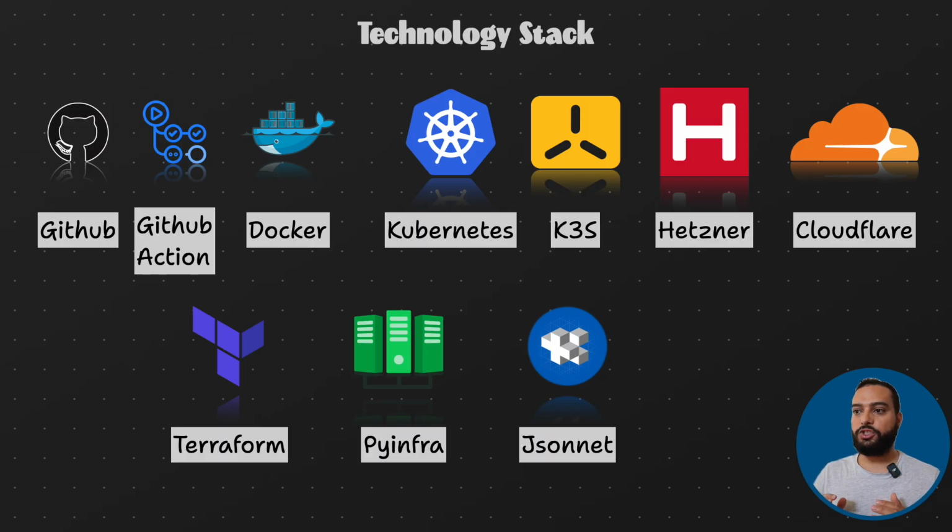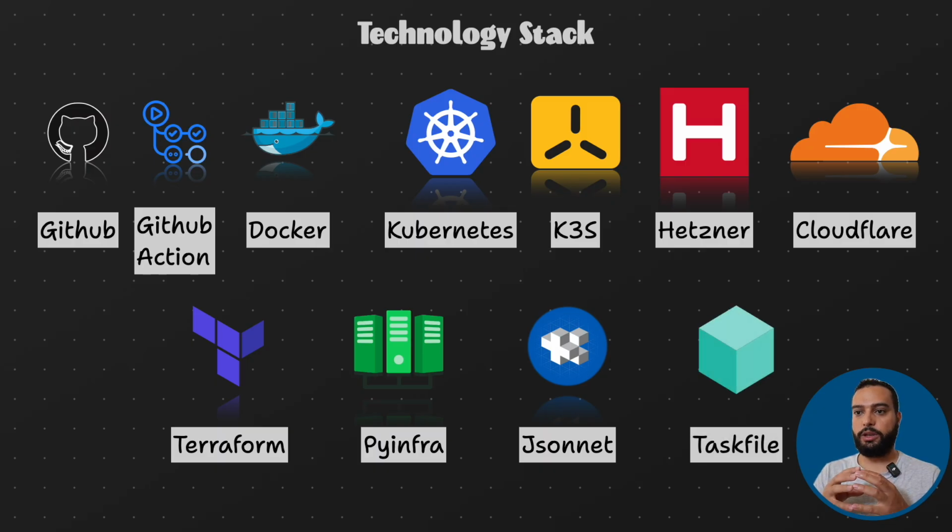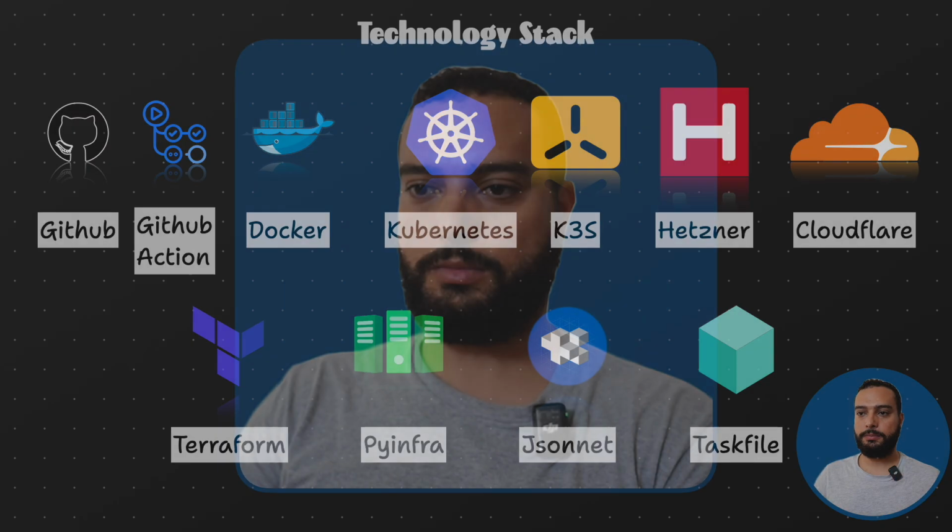It's a generic JSON templating language, and I really like its simple yet powerful syntax. Other options I could have picked here are Kustomize or Helm. And finally, to glue everything together and remember different commands and arguments, I will use task files, which are a modern alternative to make files, but with a much easier to learn YAML-based syntax.